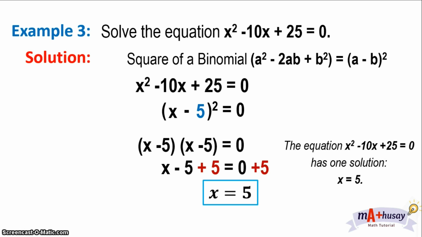If you remember, in the previous lesson, solving quadratic equations by extracting square roots, when our k is equal to 0, there's only one real root. So in this case, there is only one solution, 5, for the equation x squared minus 10x plus 25 equals 0.